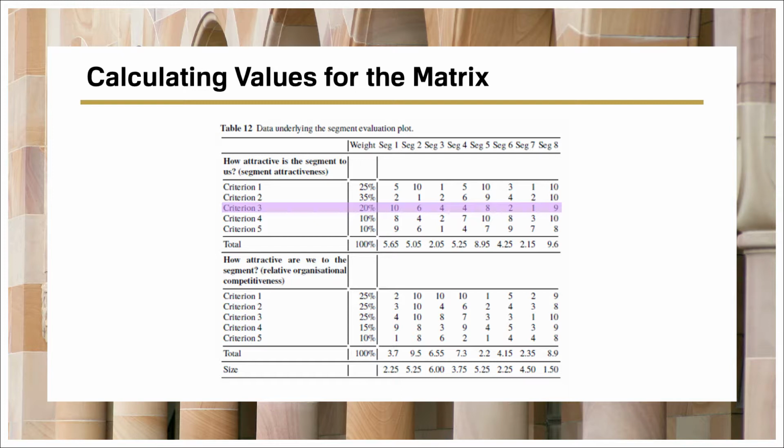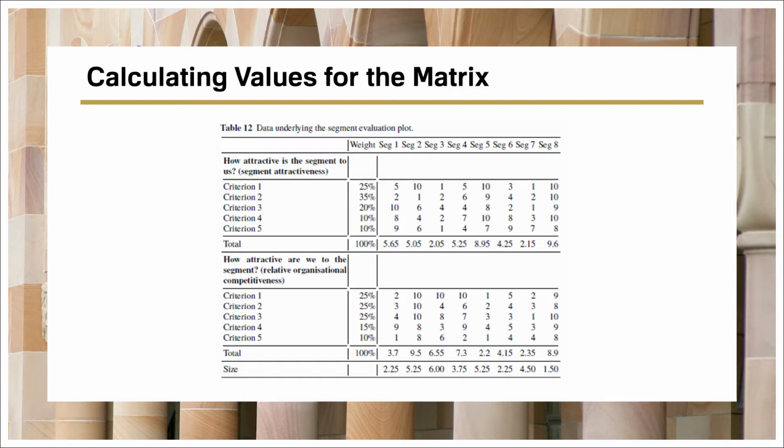These segment attractiveness criteria resulted from step 2 of the market segmentation analysis process. Also from step 2, we know how important each criterion is. This importance value is represented in the weight column of the table. The values for each segment and each criterion result from segment extraction, profiling, and description.